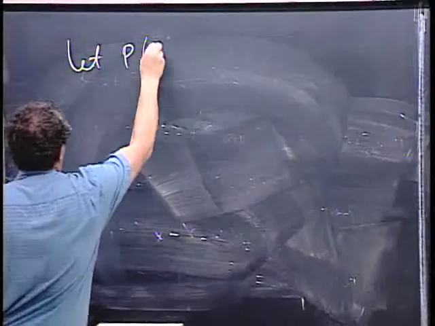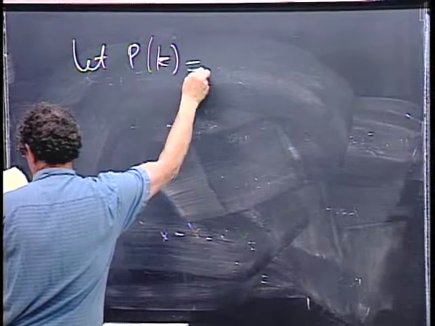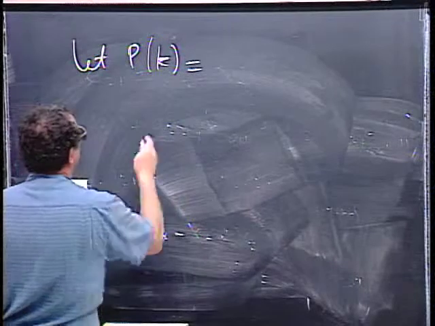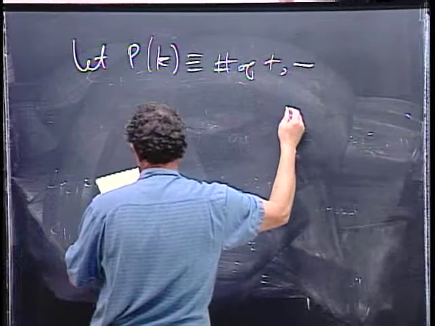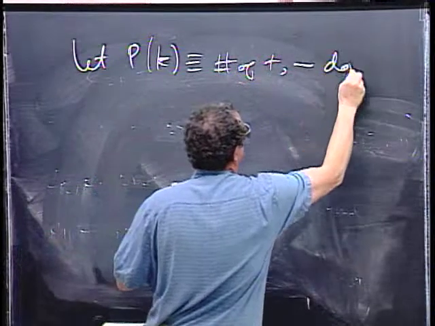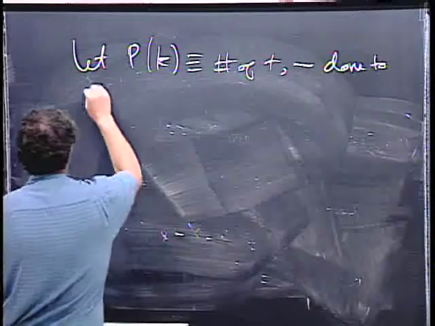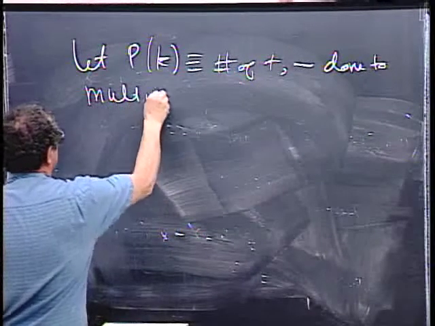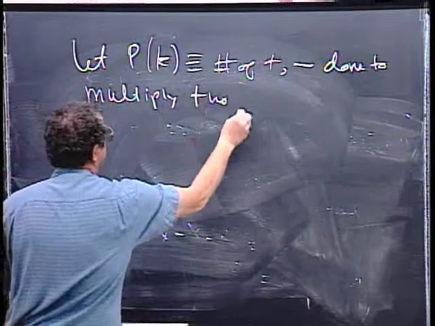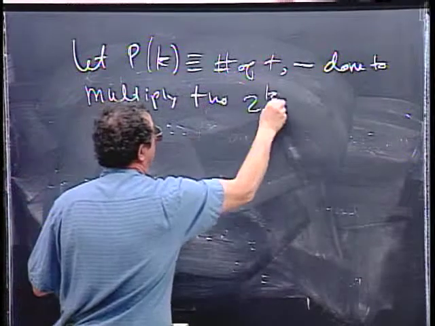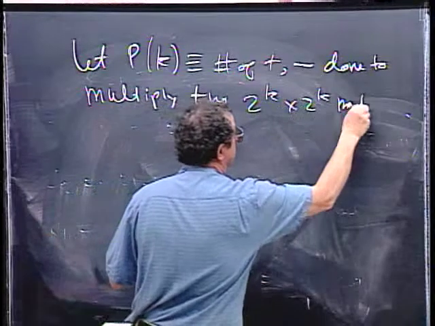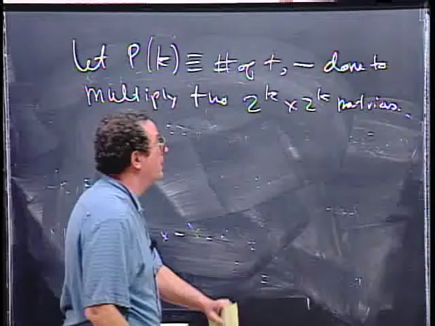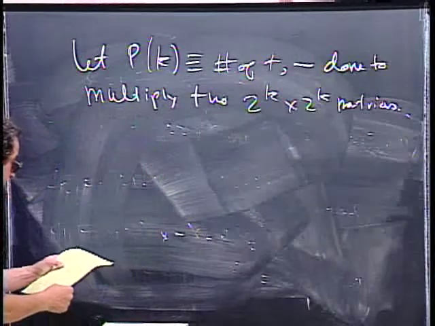Let P(k) be defined as the number of additions and subtractions done to multiply two 2 to the k by 2 to the k matrices. And set up the recursion for that.